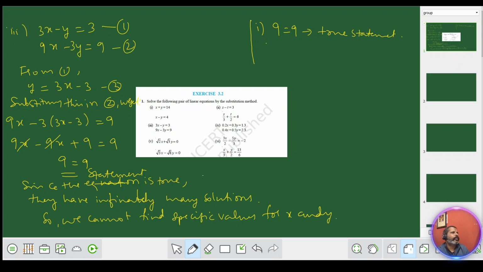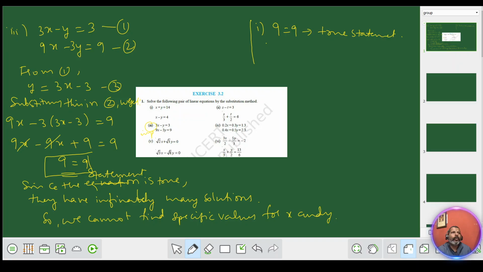Remember this point. This question is very important. Third one is very important. Mark it in your notes. If the statement we get is true, then it will have infinite values, so we cannot find the specific values.